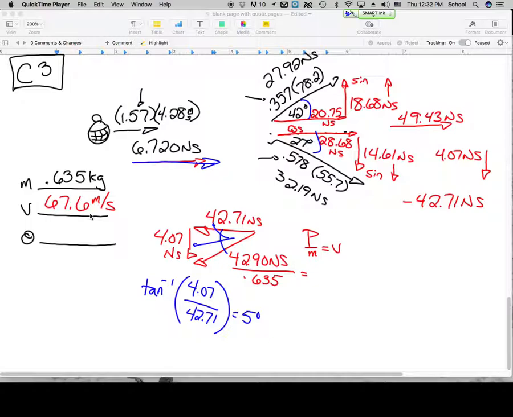So one went 42 to the left, one went 27 to the right. This one, compared to the original motion, if this is 5 degrees, then that means we have gone 175 degrees to the right. That make sense? So the angle is 175 degrees.